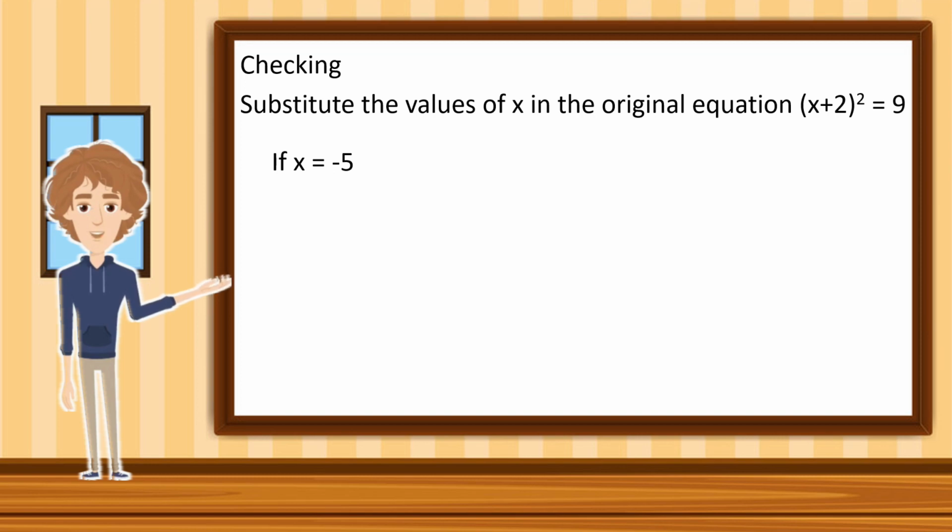Now, to check if our answers are correct, let us now substitute the values of x in the original equation. The quantity of x plus 2 squared is equal to 9. First, let us substitute negative 5 in the x.